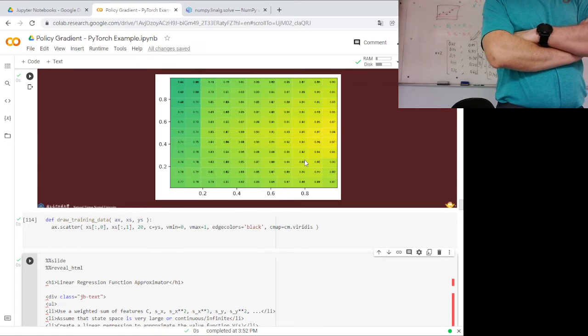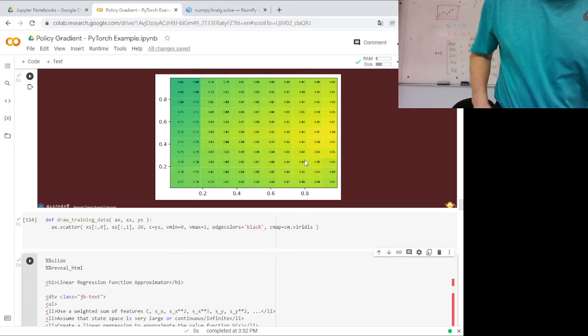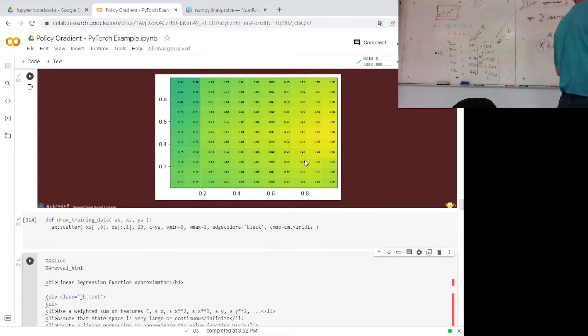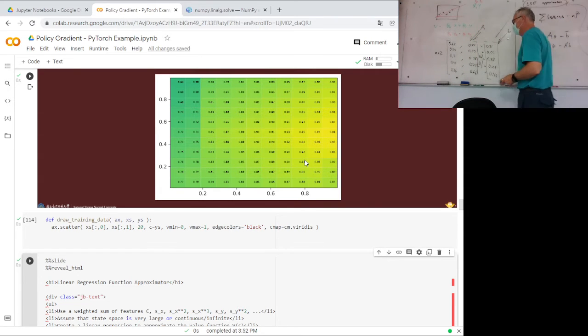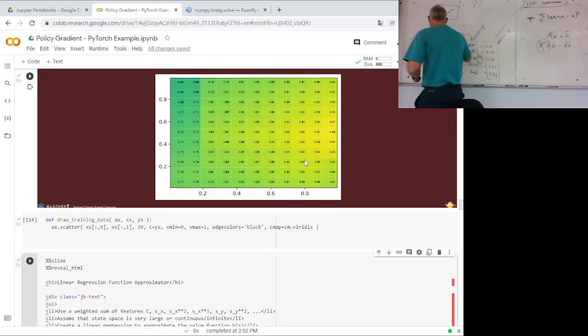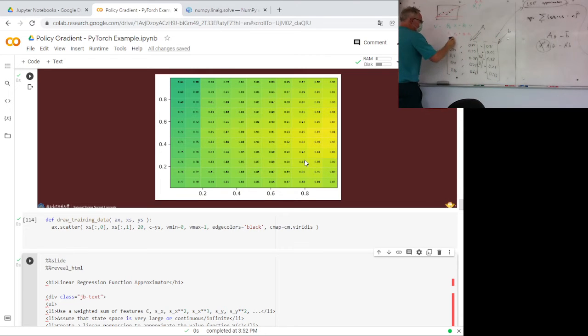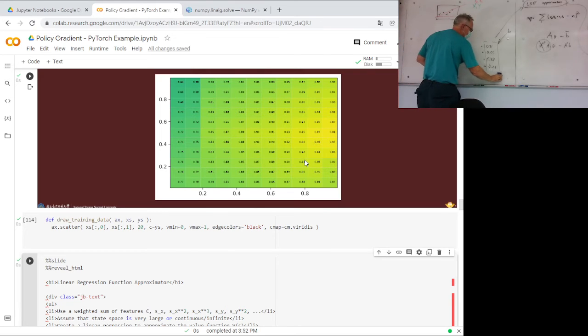So one problem is that if we use a linear combination, then in one dimension I can only draw a line. In two dimensions I can draw a plane.